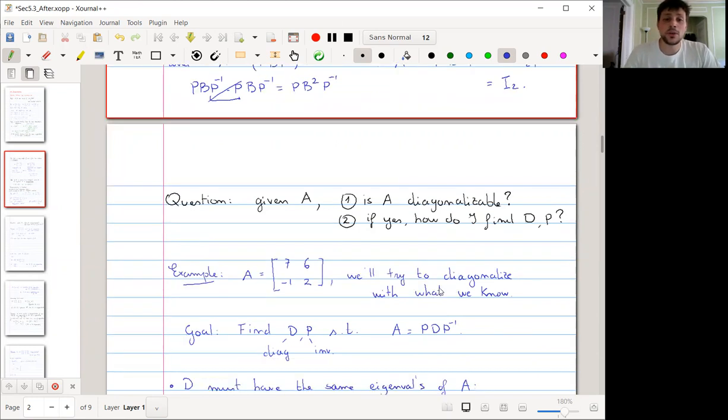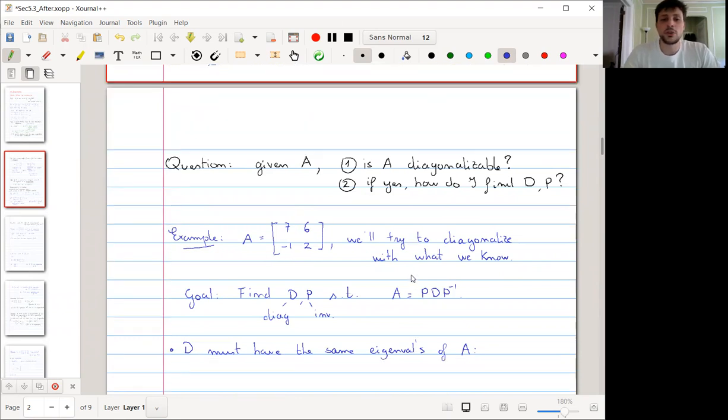In the next example, we'll try to use what we know to see what must happen for a matrix to be diagonalizable. So our goal in this example will be, given a matrix A, to try and diagonalize it using the information that we've known so far, or trying to figure something else out.